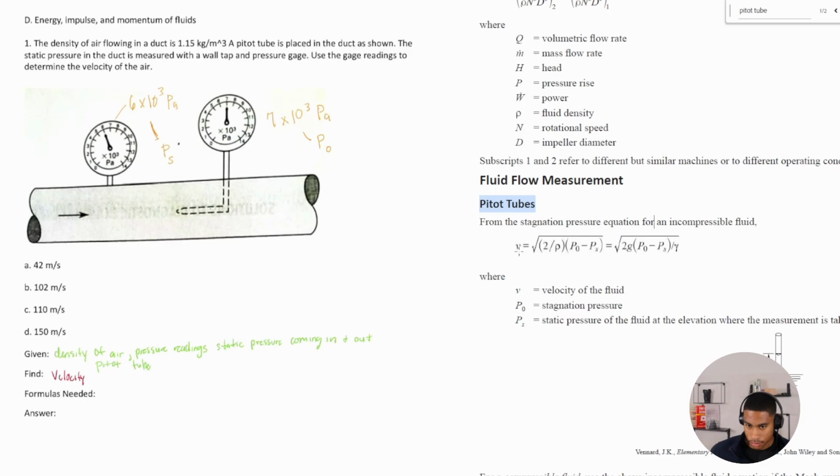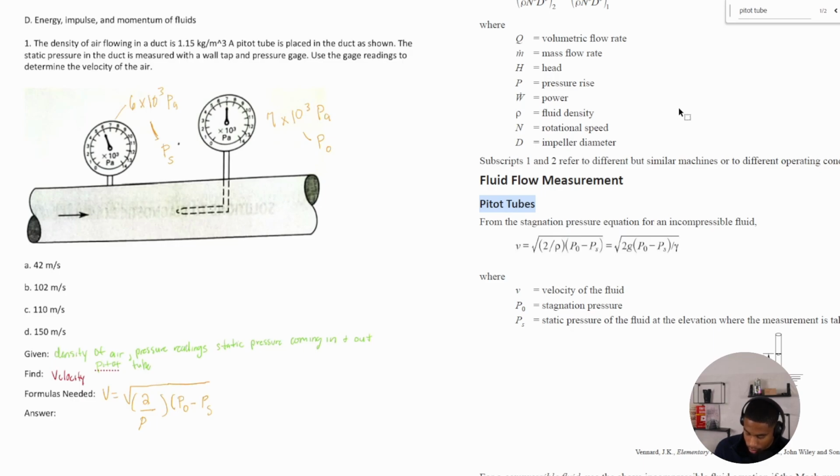Okay. And what else is in this formula? So we get the velocity of the fluid. So V is equal to the square root of 2 over the density, that's what rho stands for, times P0 minus PS.